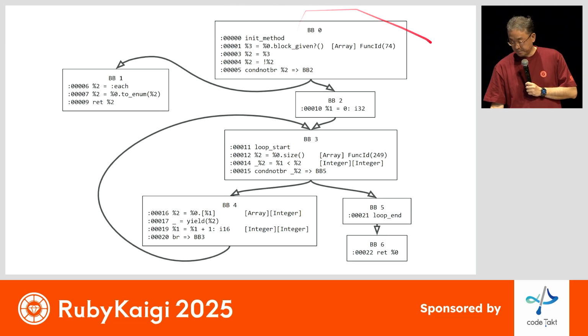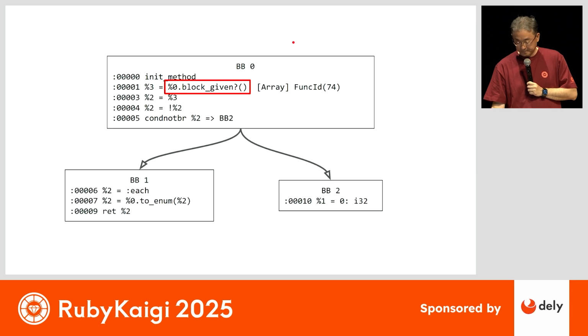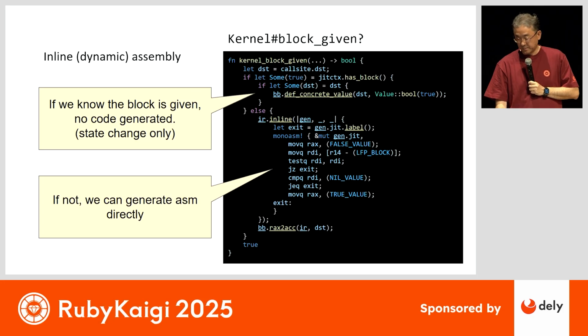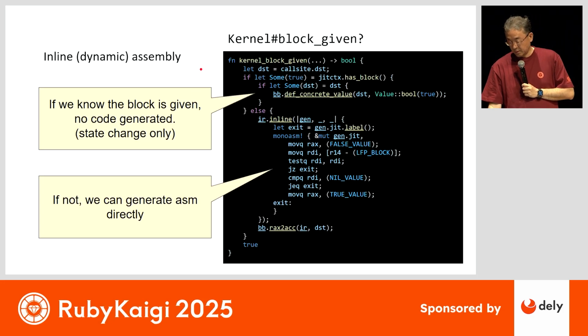And look at this. There's a block_given? call. This is a method, but we can optimize this using inline assembly. This is the code for Kernel#block_given?.